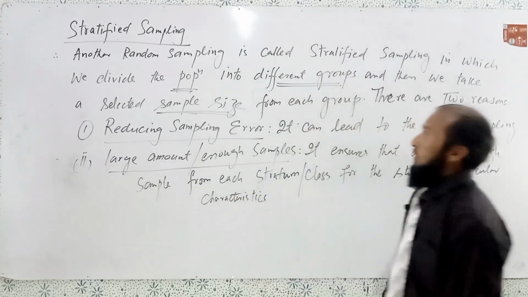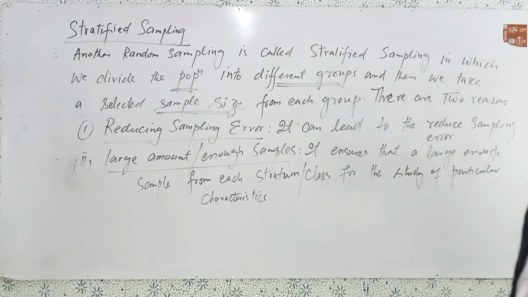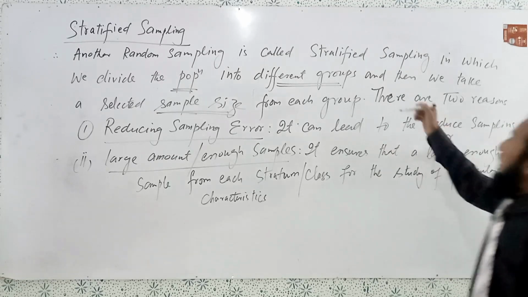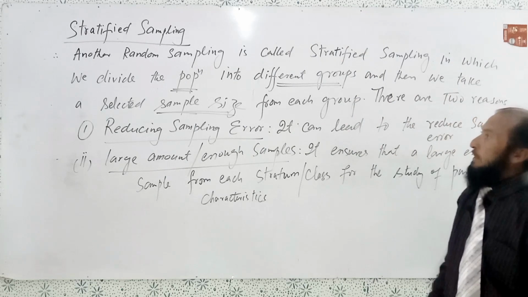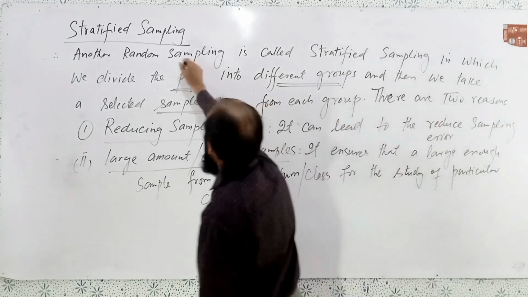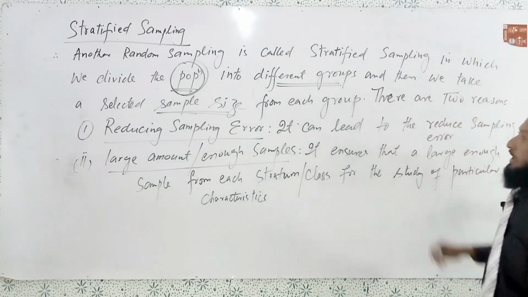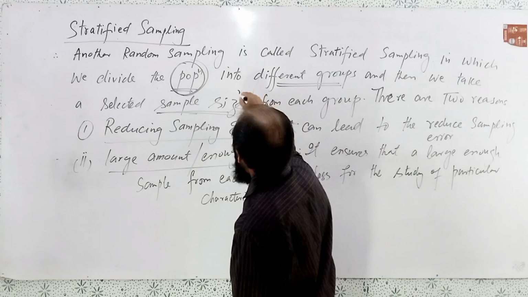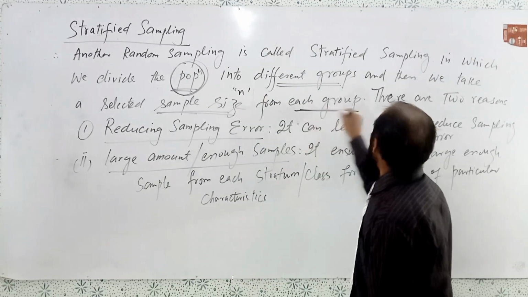So stratified random sampling is another random sampling, in which we divide the population into different groups, and then we take a selected sample size, small n, from each group.